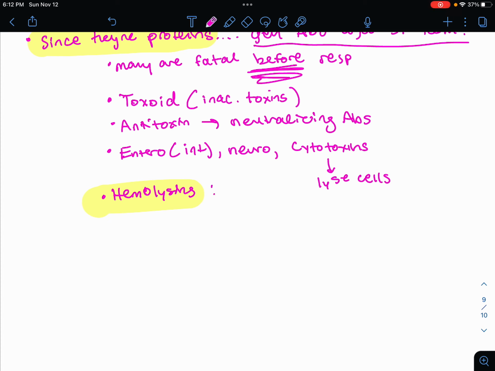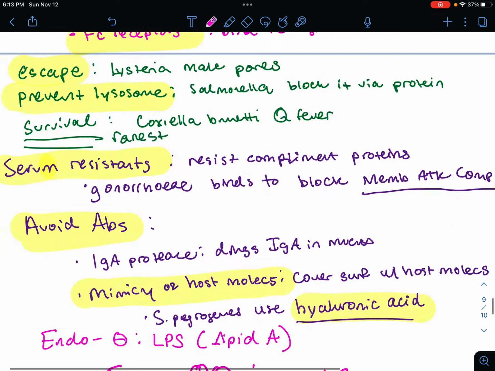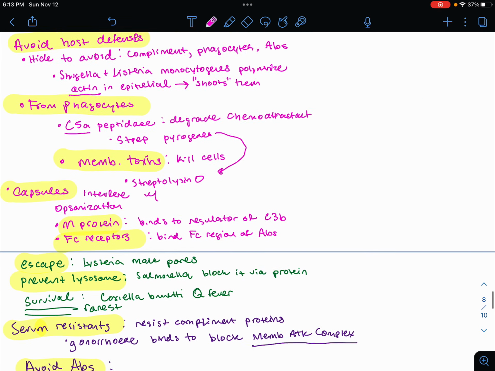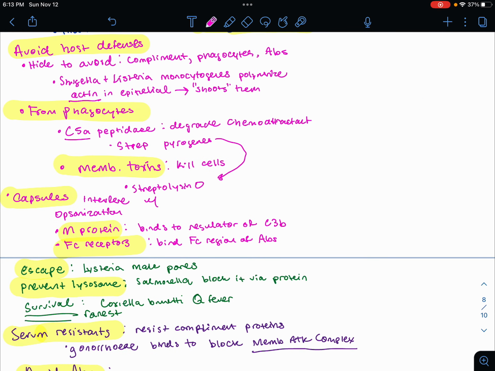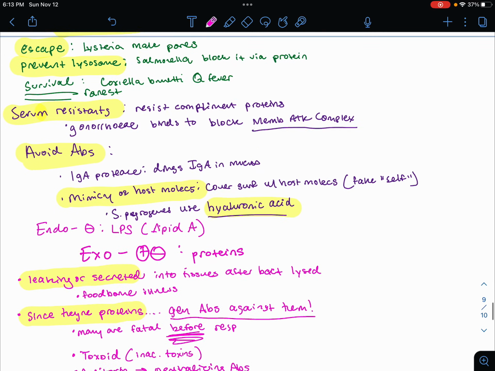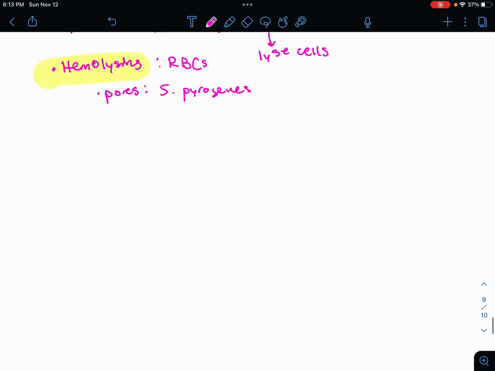These are going to attack the red blood cells and lyse those instead. Some of them will insert into membranes and form pores. And again, Streptococcus pyogenes with streptolysin O. Again, we just saw streptolysin O up here. They're also going to use it to kill cells, so that's a way they have hemolysis.